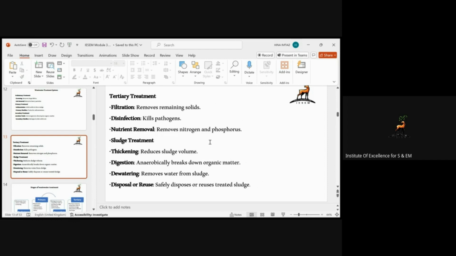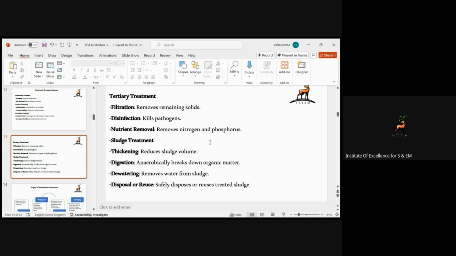The organic contaminants are those compounds which have not been treated with the preliminary, primary, and secondary treatments. That tertiary treatment will completely solve that issue.